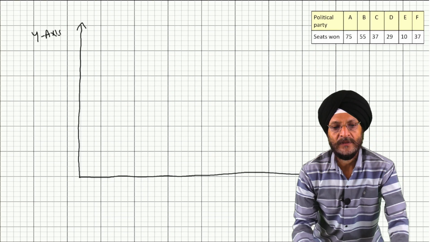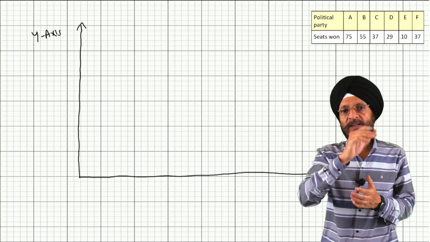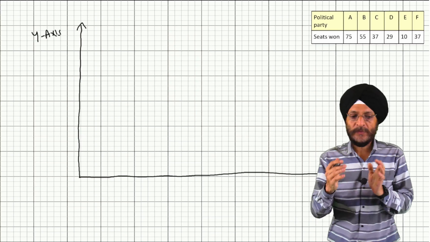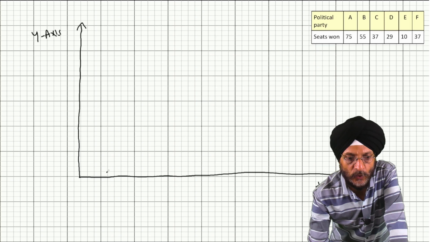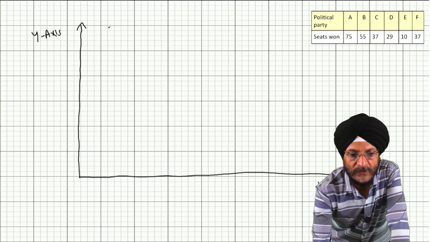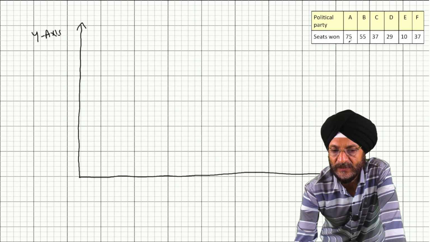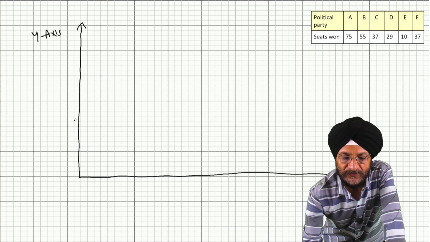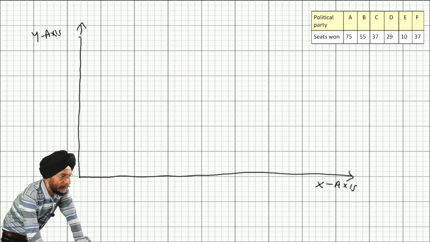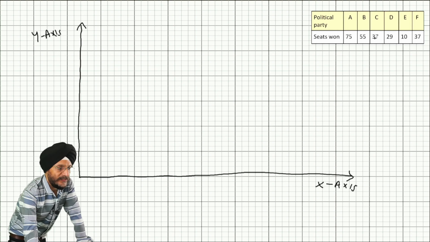Normally, the graph can be drawn either vertically or horizontally, but normally the graphs are drawn vertically, that is from the x-axis upward. And the information which is numerical data which can be changed is mentioned on the y-axis. So here the seats won are changing and are numerical data.